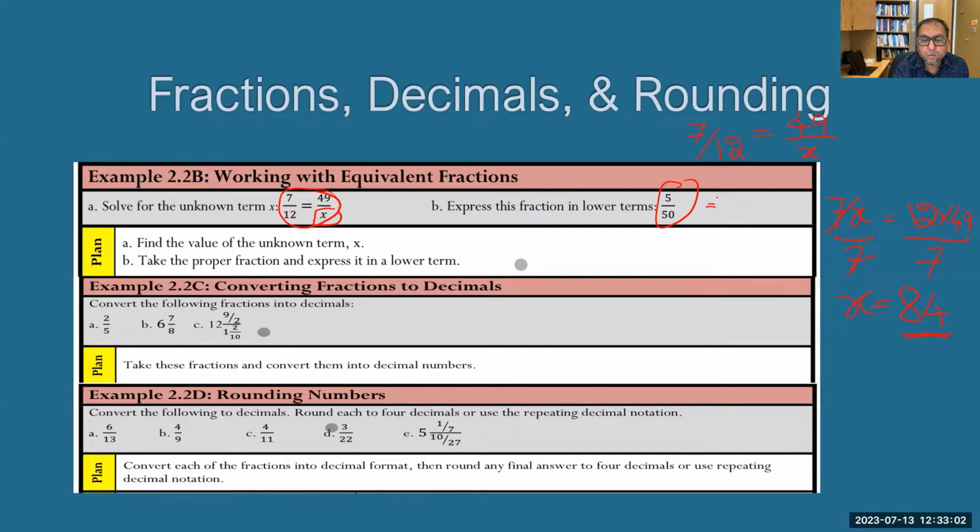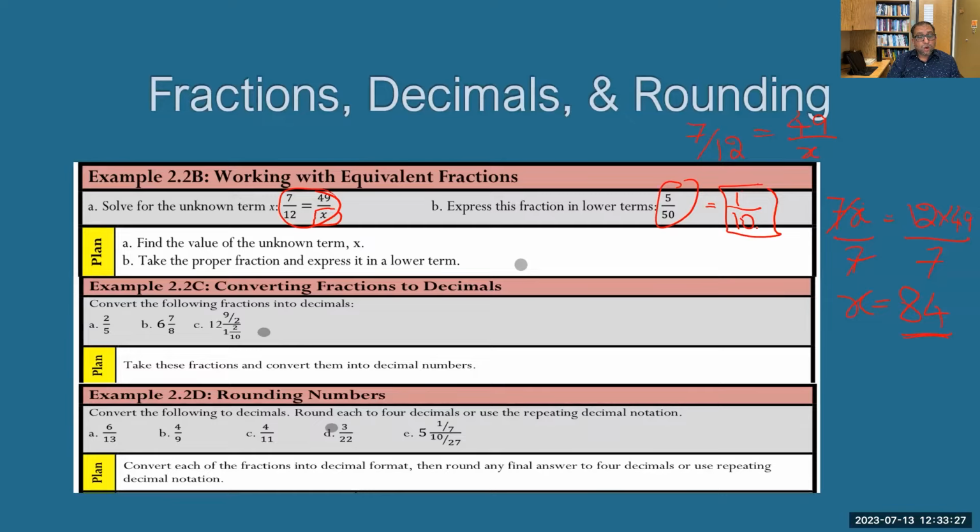If we divide both the numerator and the denominator by 5, we get 1 by 10. So this is the lowest possible term of this fraction. They are equal. Whether you write 5 over 50 or 1 over 10, it's the same. But you have to write it in a standard way, in lowest terms.